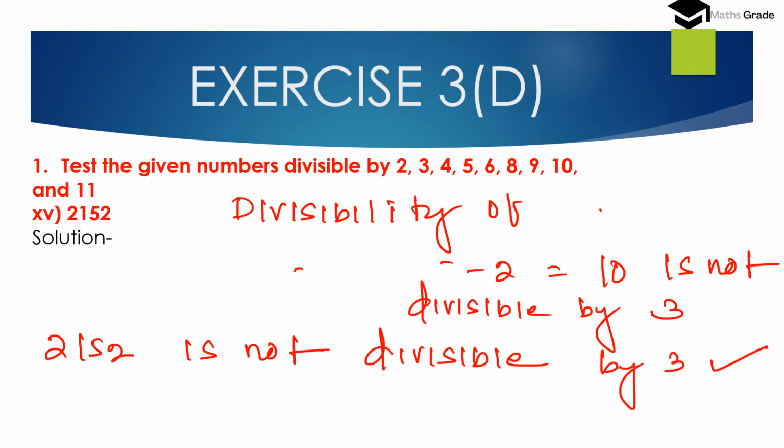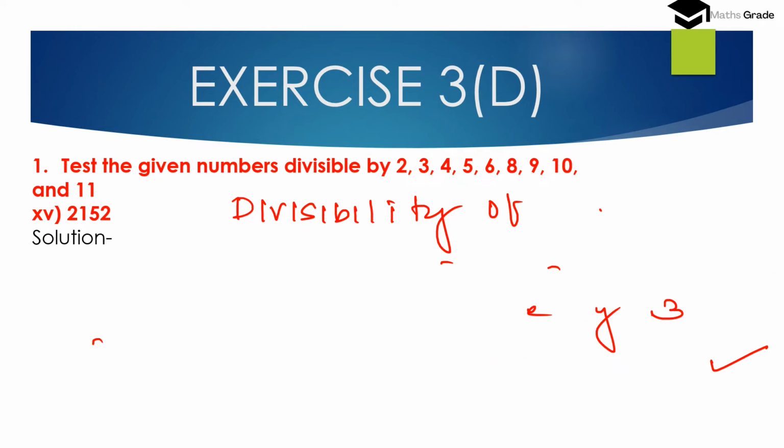Now we will check whether this number is divisible by 4 or not. Divisibility of 4. If the last two digits of the number are divisible by 4, then the number is divisible by 4. Here the last two digits of the number are 52 and we have to check whether 52 is divisible by 4 or not.